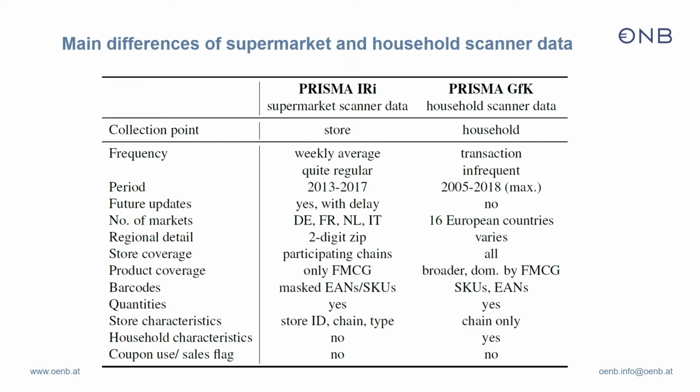And the big disadvantage: the data cover only so-called fast-moving consumer goods, which is basically everything you can buy in a supermarket, which is mostly food, but also personal care items, pet food, cleaning products, stuff like that. That's about 15 to 20% of the whole basket. And every statement I'm going to make is about this chunk of the basket, and it should not be generalized to the whole basket.